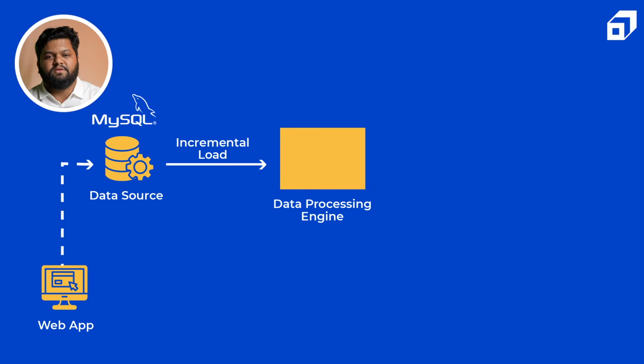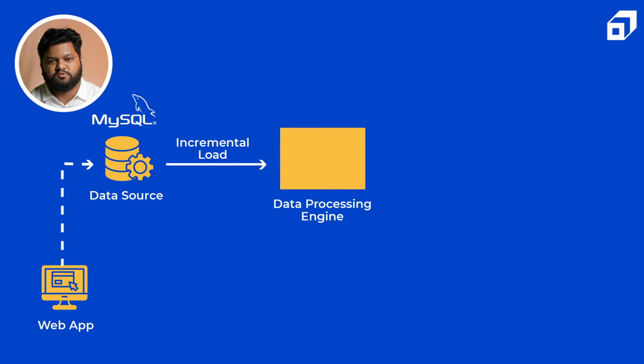After that, there will be the data processing plan, or you can say the data processing framework, which will be doing the actual transformation. For the incremental load, we are using Spark.